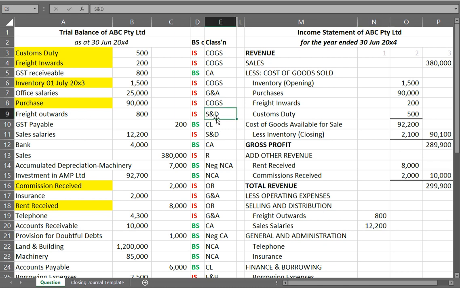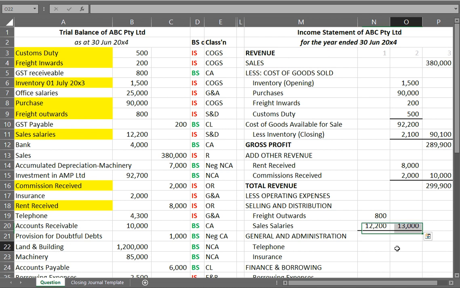See, freight was selling and distribution, and sales salaries was also selling and distribution. Okay, we'll calculate the subtotal very quickly, which is 800 plus 12,200.